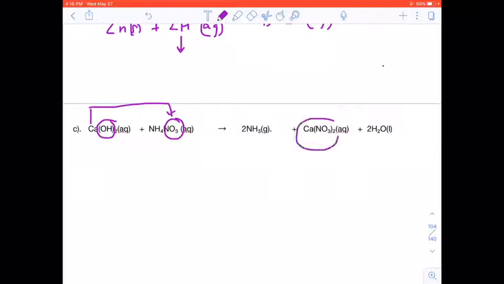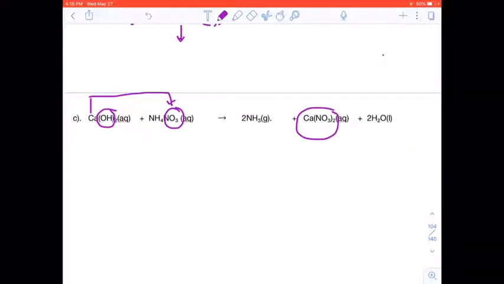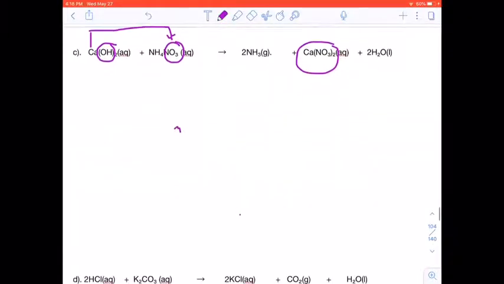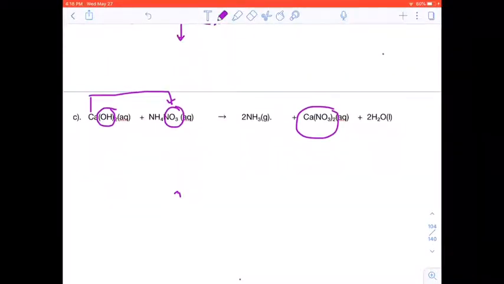So this is an ion exchange reaction, right? But let's just see if we have it in ionic form now. Let's write it in ionic form. So we've got the ionic equation.